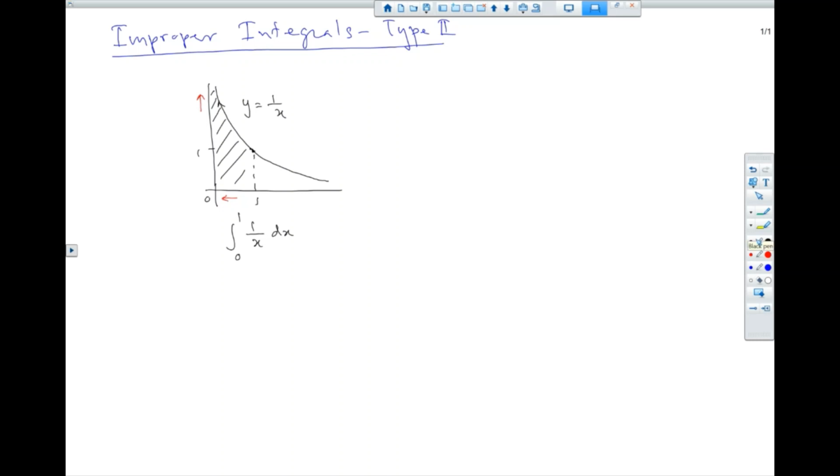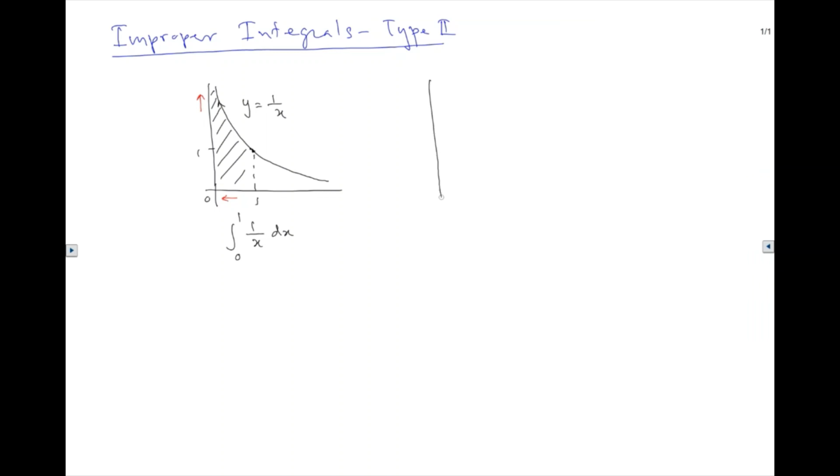Let's also look at a very similar curve, but this time it goes like this, a little closer and then up. This is y equals 1 over square root x.